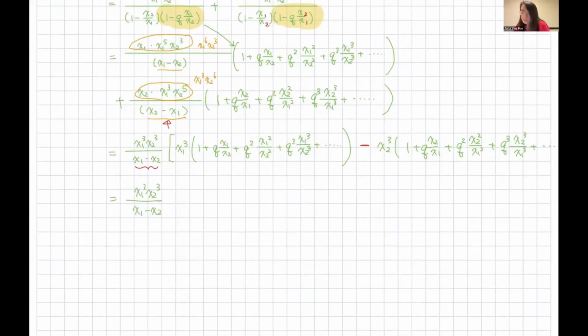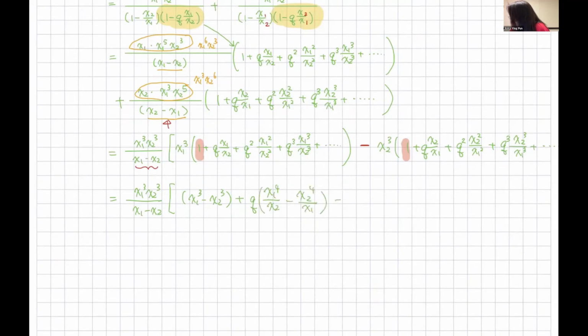Now to compute it is actually quite fun, at least for me, I feel it's fun. Each of them is multiplied by 1, right? So we do x1 cubed minus x2 cubed and group them together. For the q power, we have x1 to the 4 over x2 minus x2 to the 4 over x1.